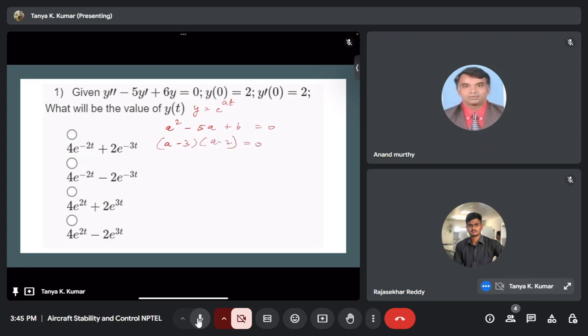Your roots are 2 and 3, so your solution is y equals c1 e raised to 2t plus c2 e raised to 3t. And c1 and c2 you can find from the two initial conditions, two equations, two variables, so you can easily find it. Just use the initial conditions c1 and c2, and then you'll have your final solution. Let's try to find out c1 and c2 from the initial conditions. Y naught equals 2 and derivative of y naught equals 2.